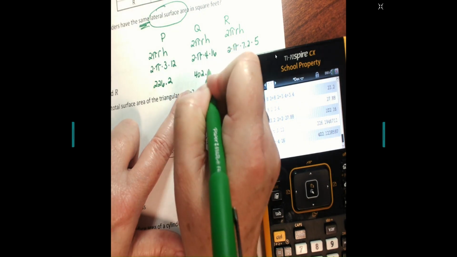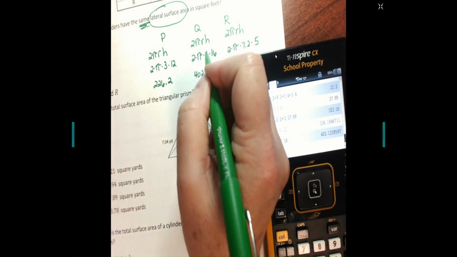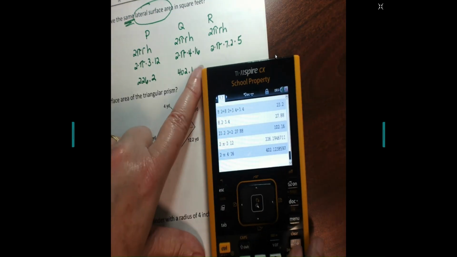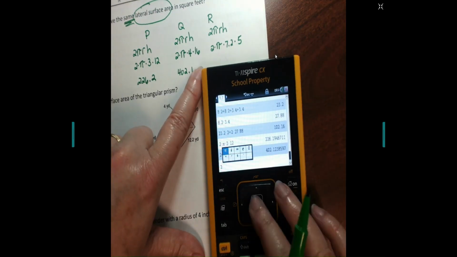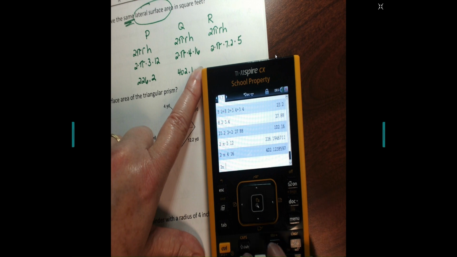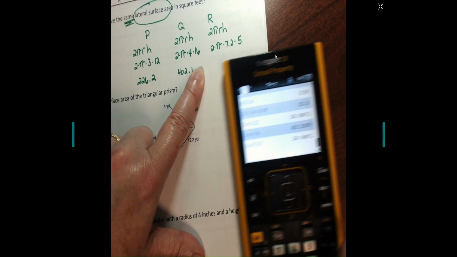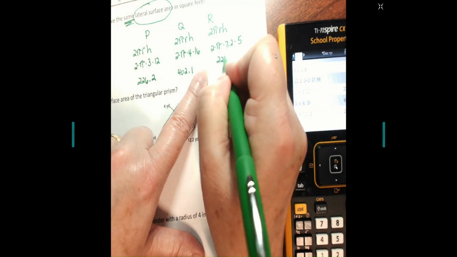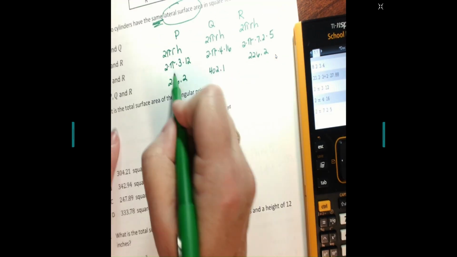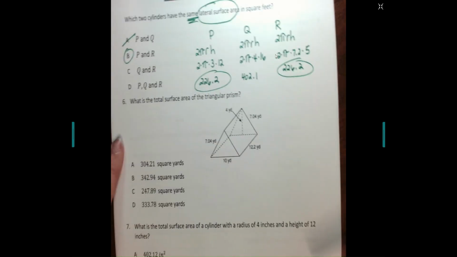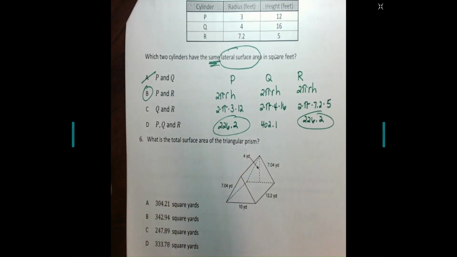So I know it's not P and Q. Let's just double check ourselves. 2 times pi times 7.2 times 5 is 226.2. P and R. There's the work for that one.